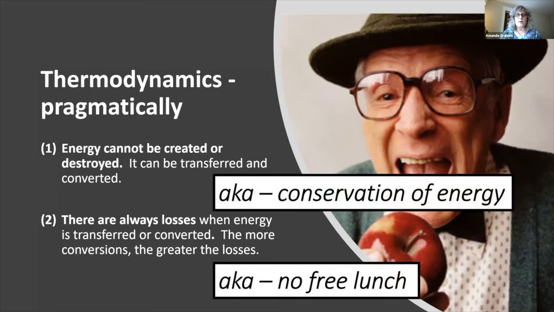And so what I would compact that into is to say, that first law of thermodynamics is the conservation of energy, right? There is only a finite amount of energy available. But then that also comes along with this fact that there is no free lunch, right? You can't get something from nothing. You're always going to lose something when you're changing the form of energy before you actually use it.